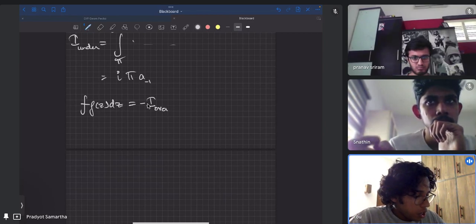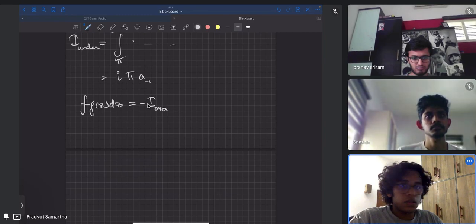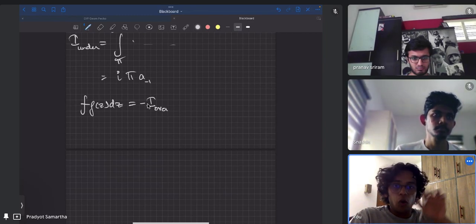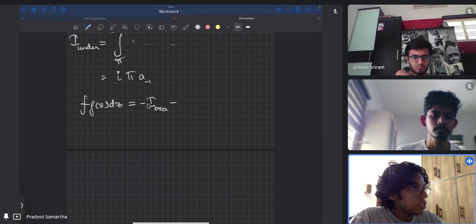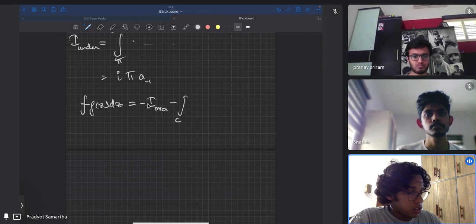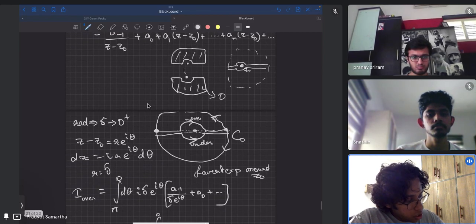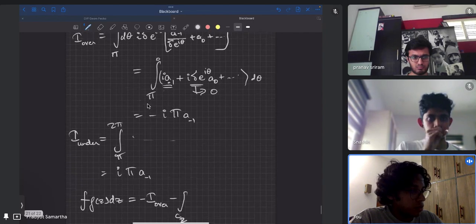Alright, so this is the negative of the integral over the small circle that you're taking, minus the integral over C out. We can just label this as C2, right? Actually, we can label this as C out.